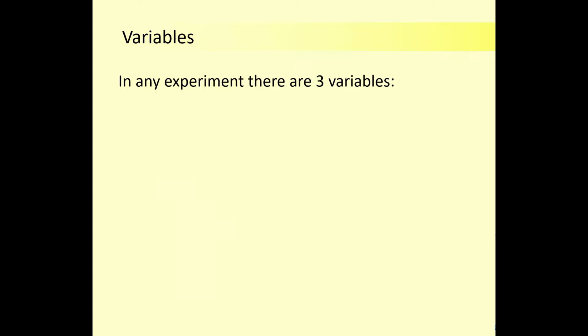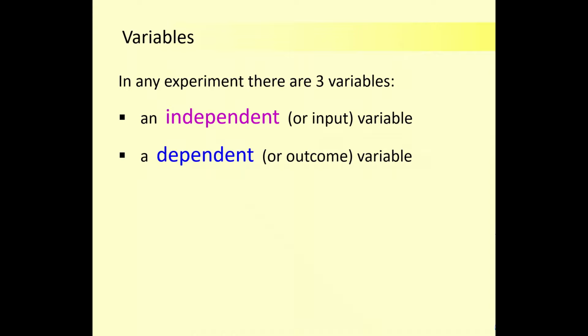In any experiment, there are three variables: independent variable, dependent variable, and control variables or constant variable.